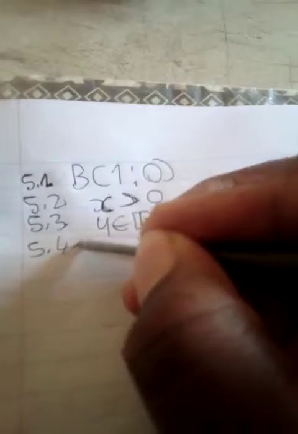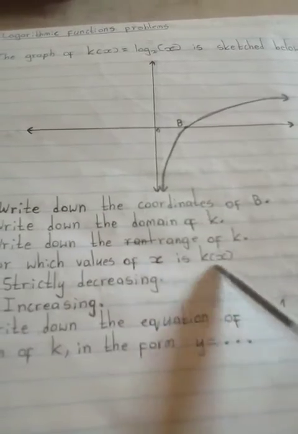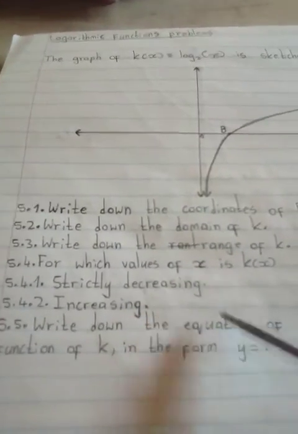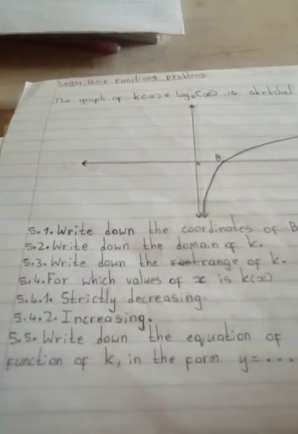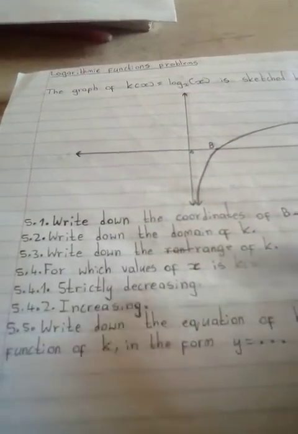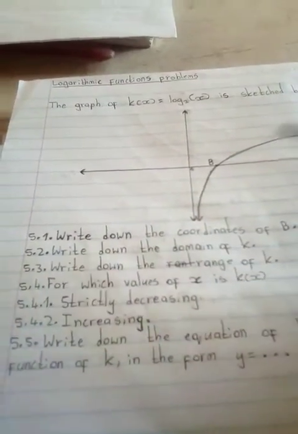5.4. Let's see what it wants. For which values of x is k of x strictly decreasing? We want to know for which values of x we will put into this equation and it will give us a negative value.